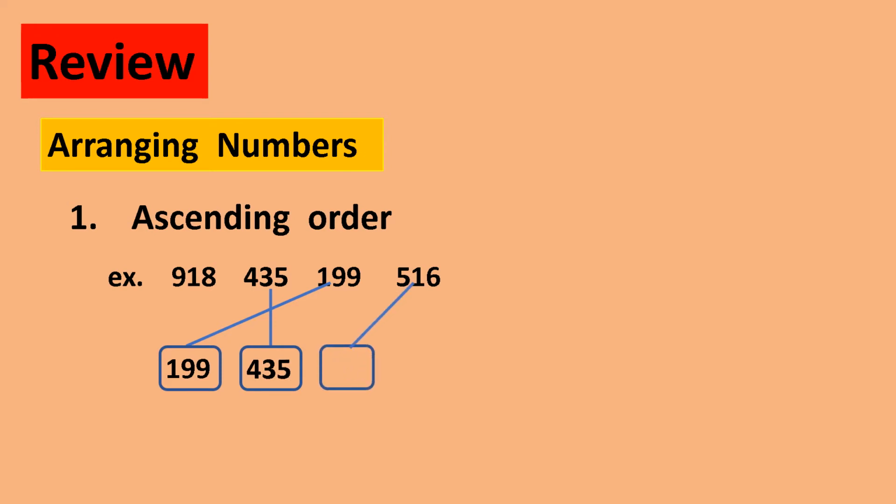The next one is 516. And the last one is the greatest number, that is 918. Very good. So remember, arranging numbers in ascending order starts from the least going up to the greatest number. Okay?